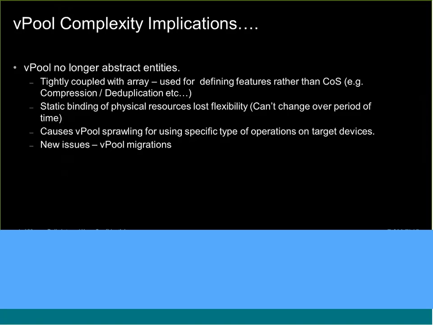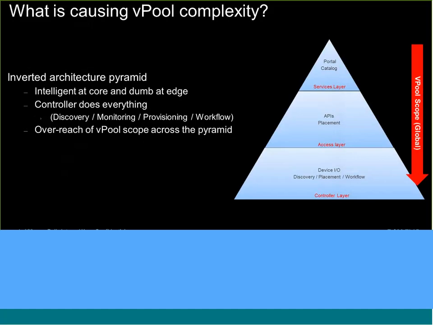Going forward, we then found out why vPool is getting complex, in spite of everything we are doing. So we came up with what is causing the vPool complexity, and we found that the architecture of Viper today looks like what is on the right side. It's very intelligent at the core and does everything, and dumb at the edge. This portion is the edge and this portion is the core.